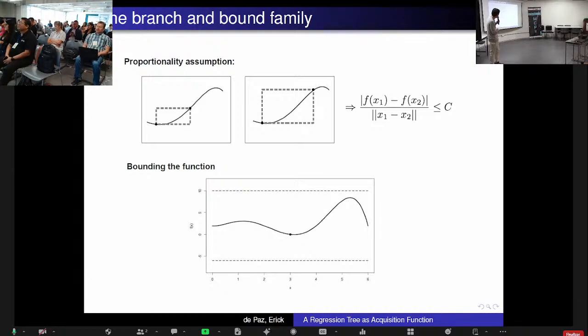If we know this constant, it's easy to bound a function by means of a central observation of the middle of the search space. This is a very basic idea. It just creates a bound for enclosing the function.